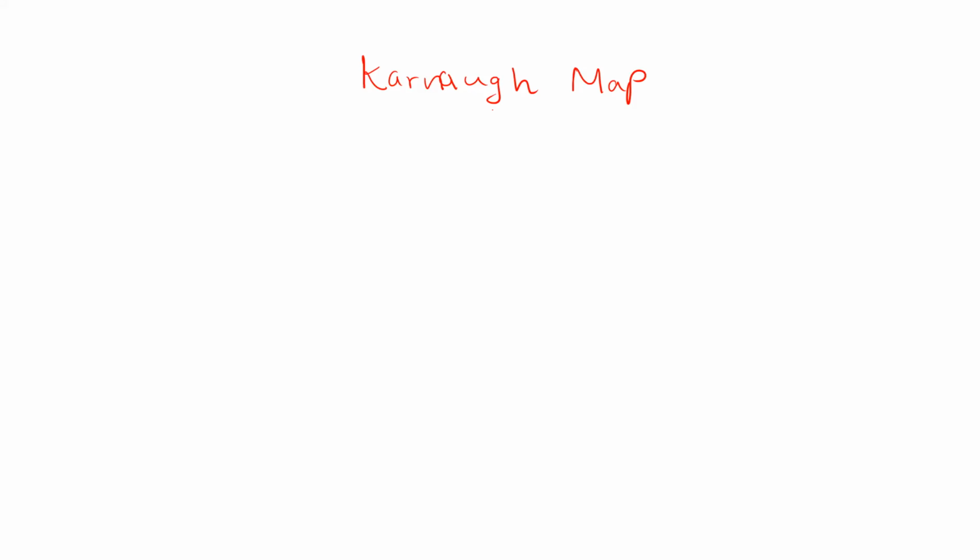Right. Okay. Now we are going to talk about Karnaugh Map, which we use to simplify Boolean expressions.